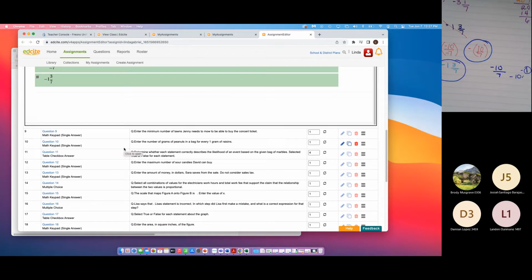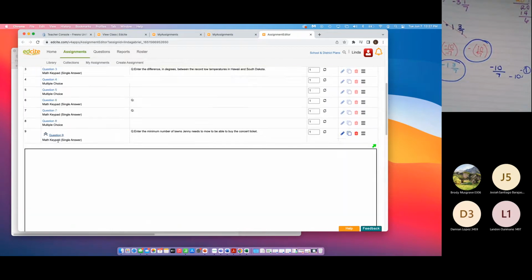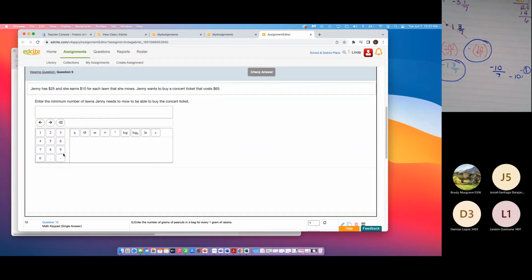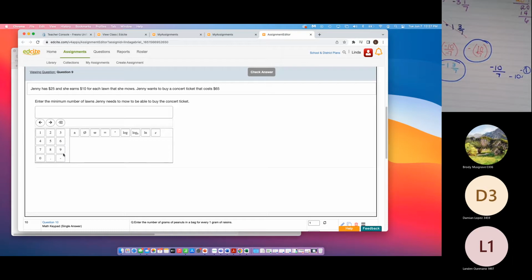All right, so number 9. Question number 9 says, Jenny has $25. She earns $10 for each lawn that she mows. Jenny wants to buy a concert ticket that costs $65. All right, so our knowns. She has $25 already.